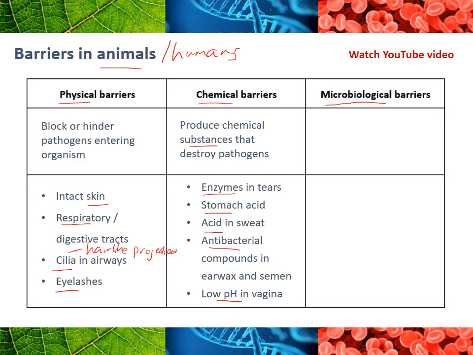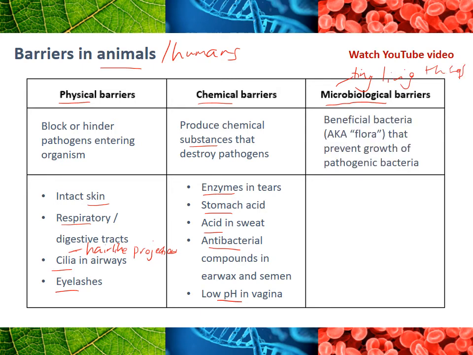And finally, microbiological barriers. So if you think about this term, we're talking about tiny living things. Ooh, what tiny living things are in our bodies? Hey? These are our good bacteria, okay? And I do really want you to jump in and watch this YouTube video in a minute. It's really interesting.